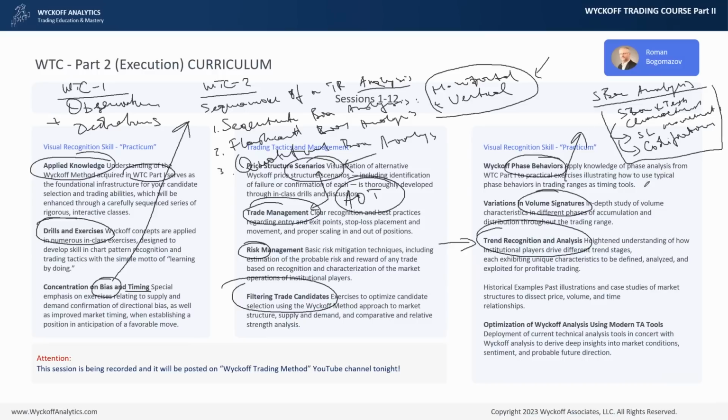And then on the top of that, we're going to talk about the swing analysis. And under the swing analysis, again, the swing characteristics, and codification of that.